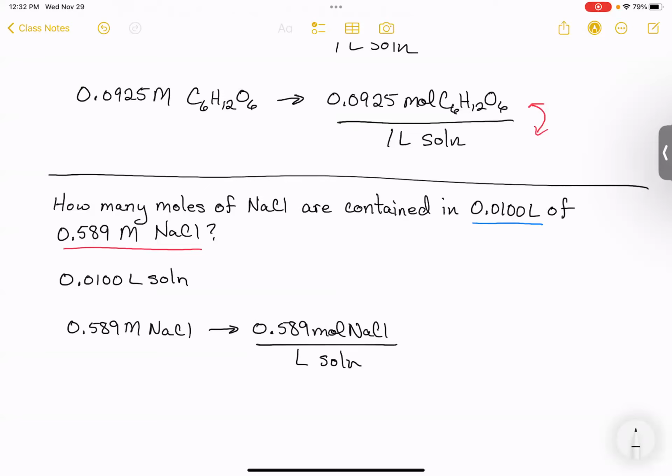So in this particular case, I am going to be converting that liters of solution into moles of NaCl, because the liters of solution had only one unit associated with it, whereas that molarity had two, which is obvious if you rewrite it into its subunits.